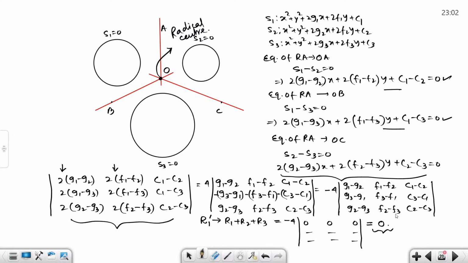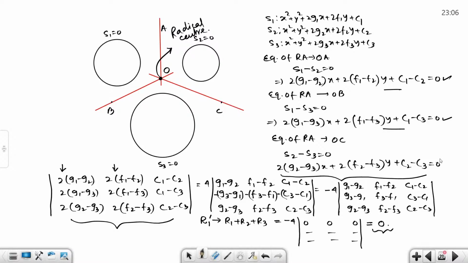Have you understood what is radical center? So what is your radical center? If we take three circles and pairwise find out the radical axis, they are going to meet at a point. This point is what is called your radical center. As we all know in a triangle, the orthocenter, circumcenter, incenter, centroid are points of that triangle.